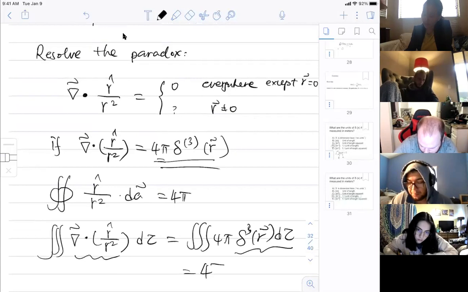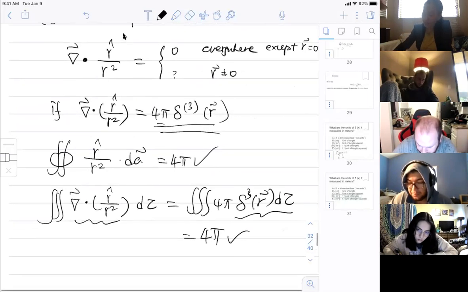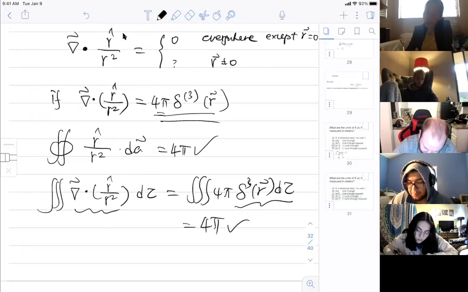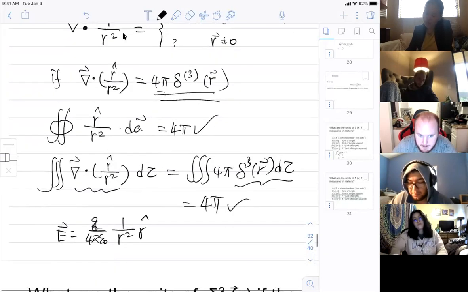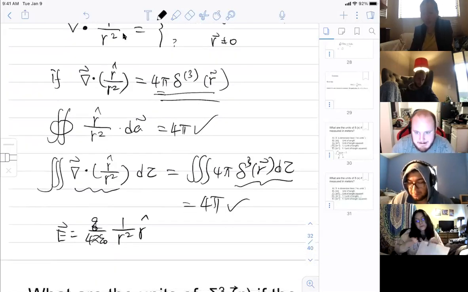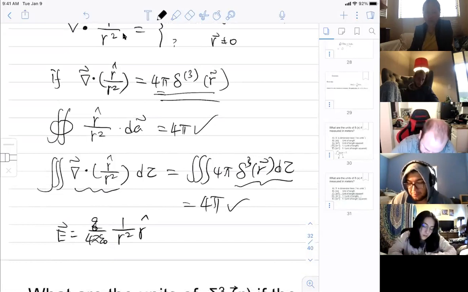So you get 4 pi. And now they actually work out if you represent your vector using a delta function. So likewise, you probably already figured out the E field can be represented using the 3-dimensional delta function, describing that the divergence of E is 0 everywhere except at the origin.